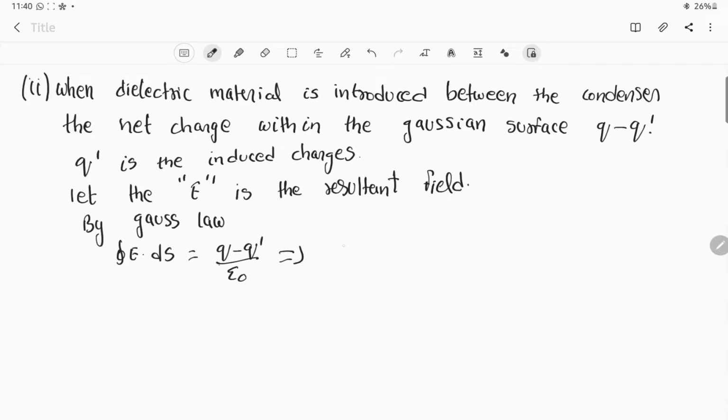Clear everybody? Now keeping E outside, the surface integration of ds is equal to q minus q dash by epsilon naught. You are aware that the surface integration of ds is actually equal to A. So E is the electric field when you introduce the dielectric material. E into A is equal to q minus q dash by epsilon naught.